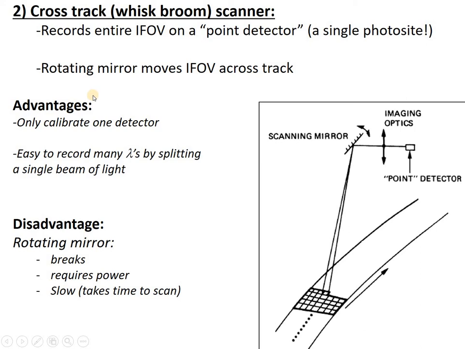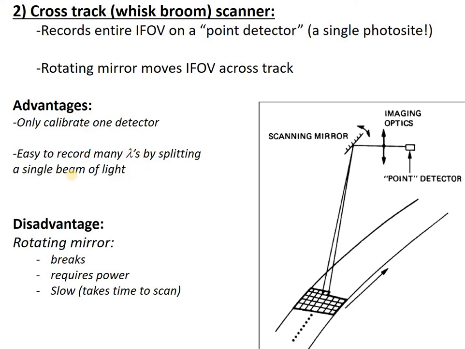This has some advantages. The main advantage is you only have one detector to calibrate. In terms of the electronics, it's fairly simple to calibrate this detector. Typically you would also record many different wavelengths by splitting a single beam of light through some kind of diffraction crystal or something like that.